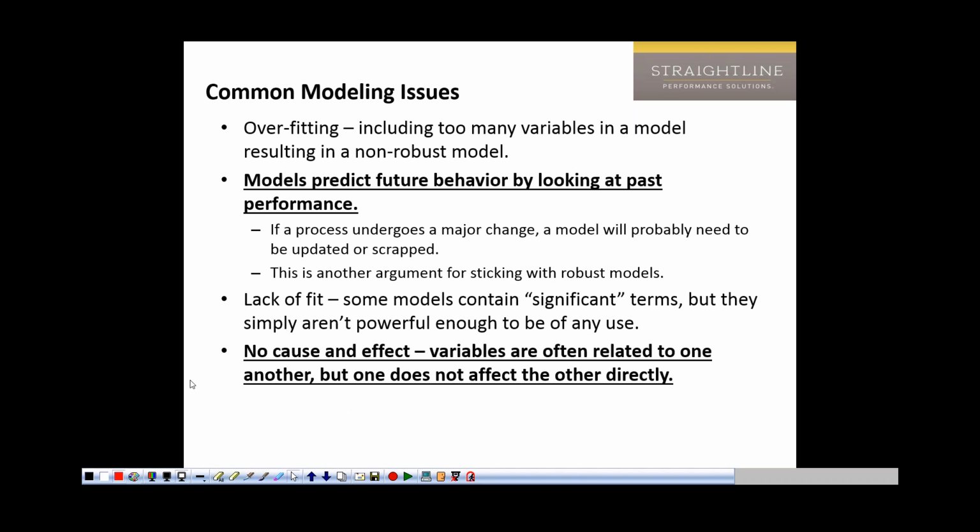The last one I wanted to mention is something called cause and effect, and we've heard this. I just want to give you one example. You've heard the phrase, correlation does not imply causation. We're going to run into a couple of those examples.